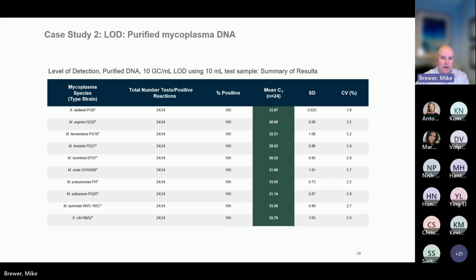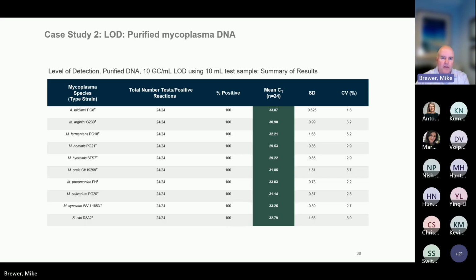They're important because you can use these CT values for comparison between individual studies, and also as part of that genome copy to CFU assessment if you need to do that. In this case, of course, this is just genome copies.